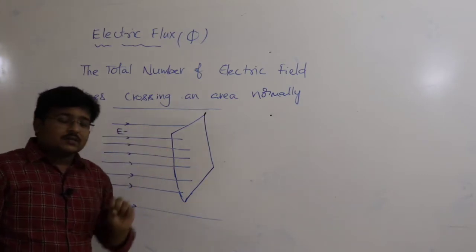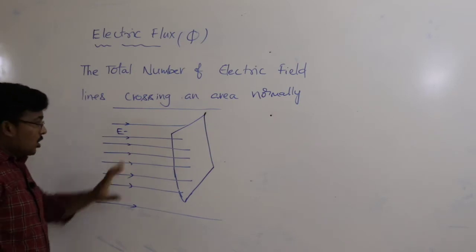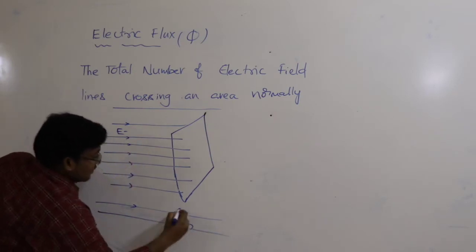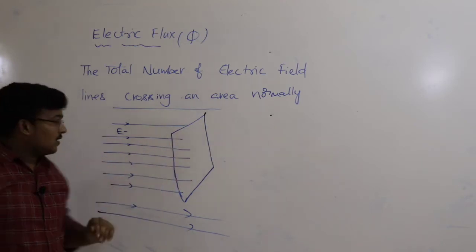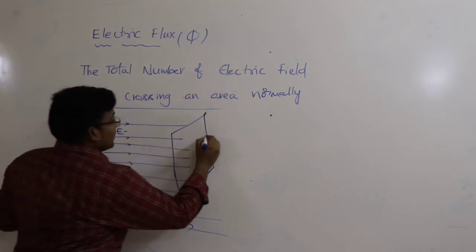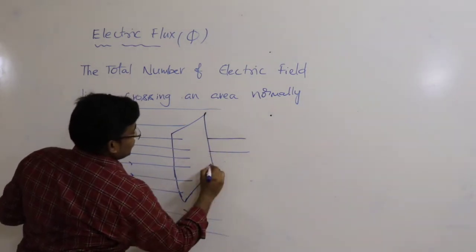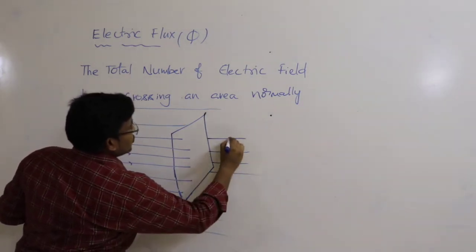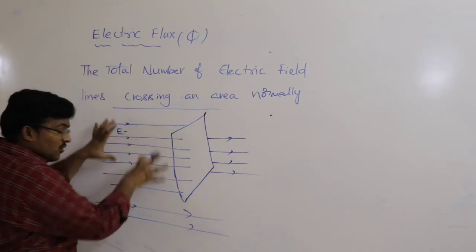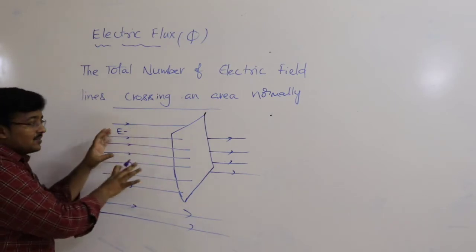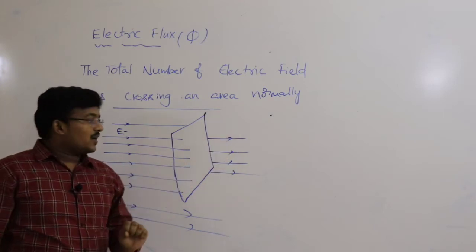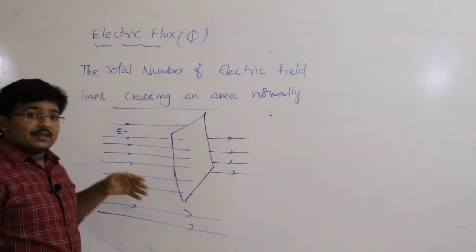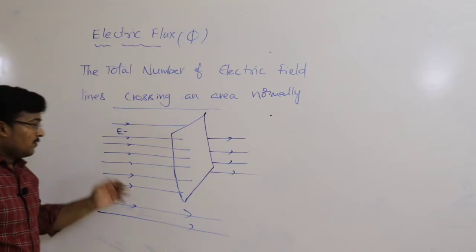Here some lines are going, but how many of them are crossing this plane? Only this number. So out of the total number of field lines, some of the lines are passing. This number, the lines passing, is called the flux.